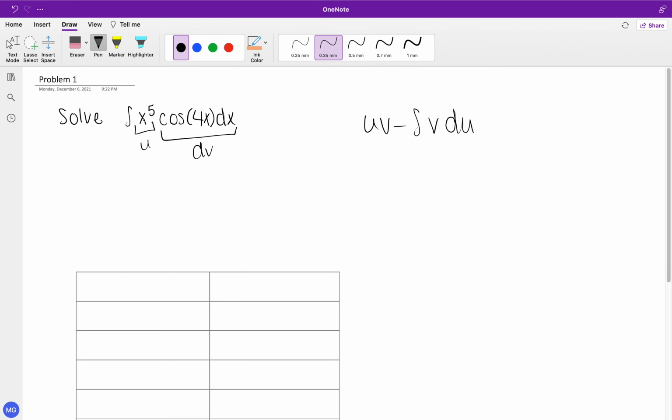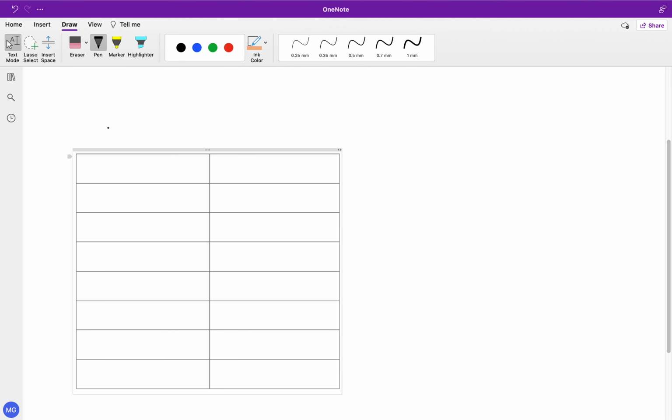If we find the derivative of x to the fifth over and over again, it will eventually reach 0, so we know that here we can use the tabular method. So with this we can say that we have our u, our dv, and we can list them here.